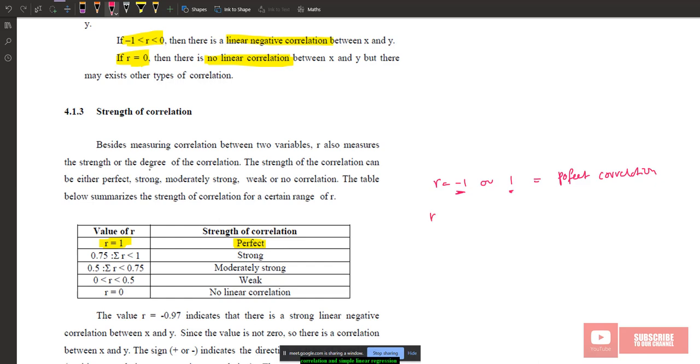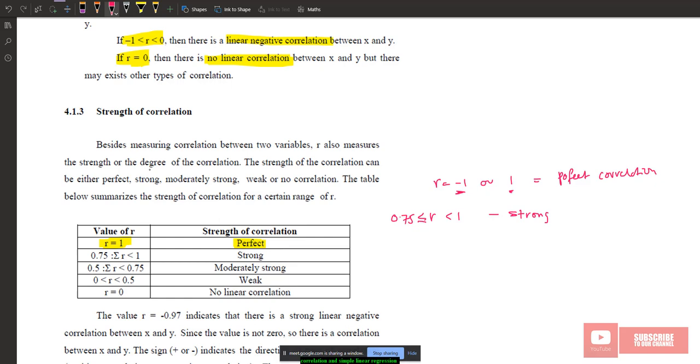Right? When R is between 0.75 and 1, 0.75 to less than 1, so 0.75 is included, 1 is not included. We can say that it has a strong correlation, either negative or positive, right?